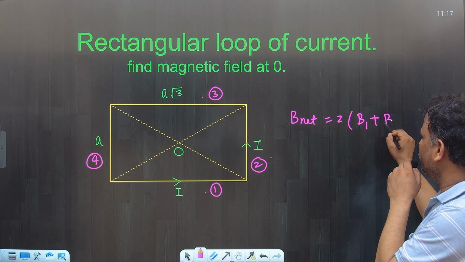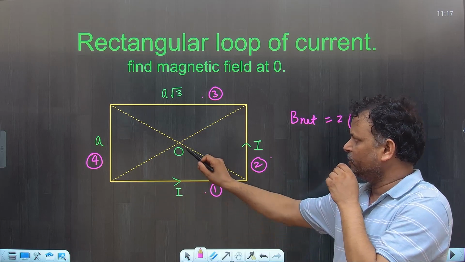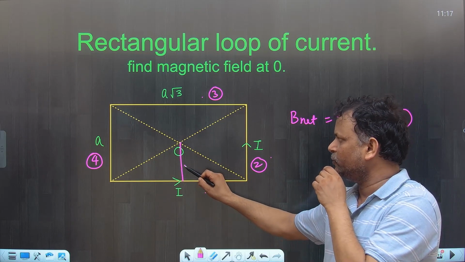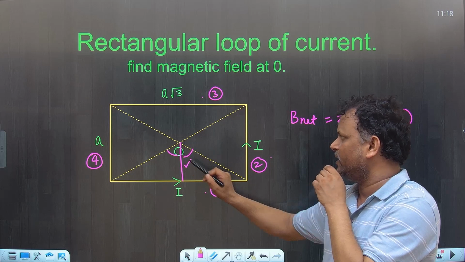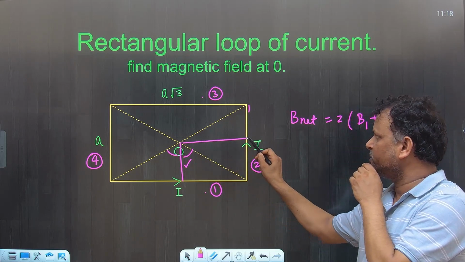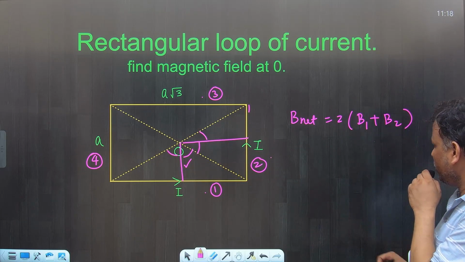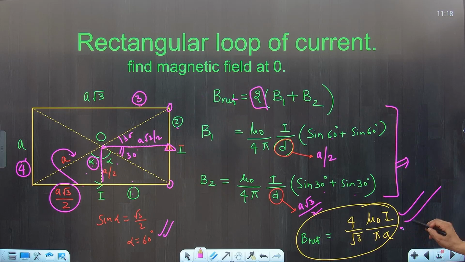So what you have to do is calculate the field due to wire 1: draw a perpendicular on it, get the length of this perpendicular, get this angle and this angle, and you will get B1. Now due to B2 you draw a perpendicular on this, you get this angle and this angle, and then you get B2, right? Now you add these two and you will get this answer.